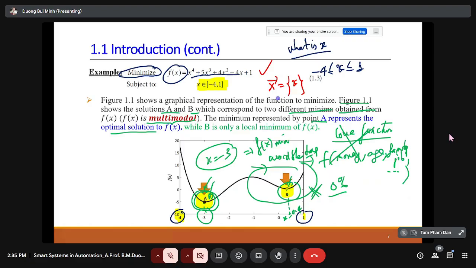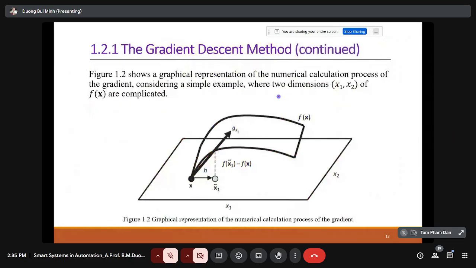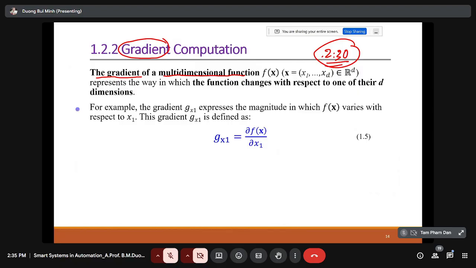But now we have many dimensions. For example, we go back to the example: we have the loss, a function of current, temperature, and frequency. That means every solution has three dimensions, x1, x2, and x3.